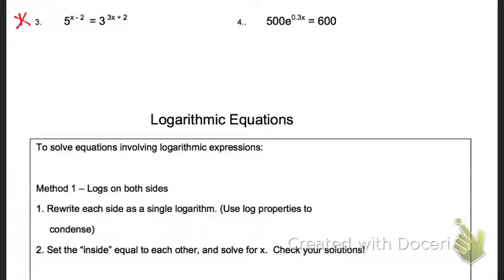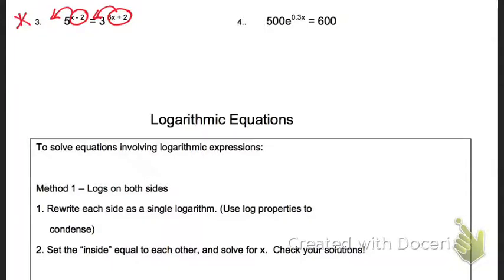So when you have 2 numbers set to exponents that are not the same, like you can't make them the same base, you would rewrite it using the log properties. So what you do is you can either take the log of both sides or the natural log of both sides. And I usually use the natural log. So I'm going to take the powers and they're going to jump out in front.